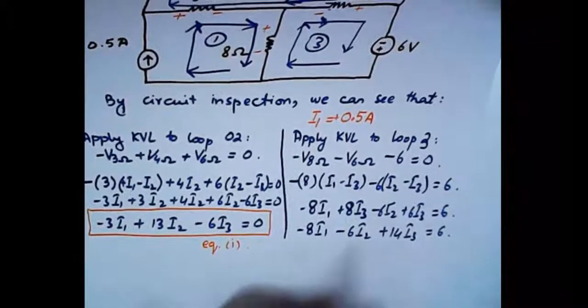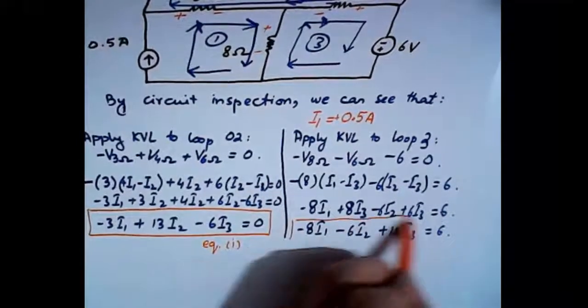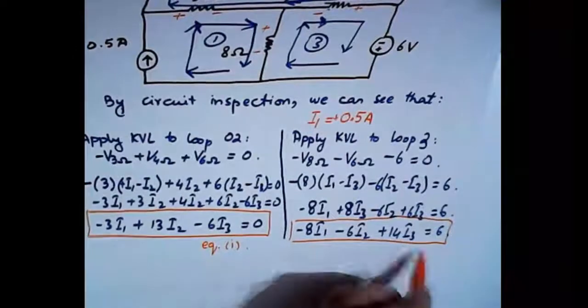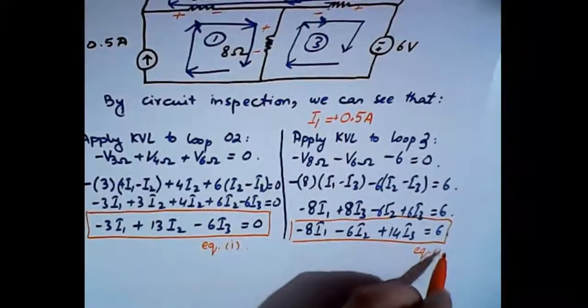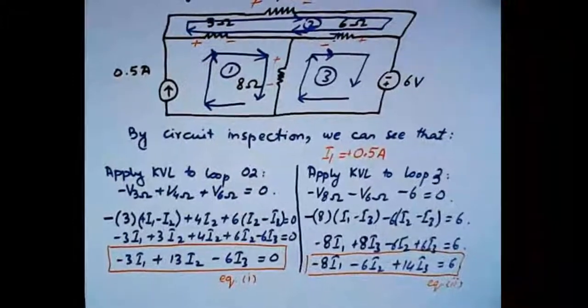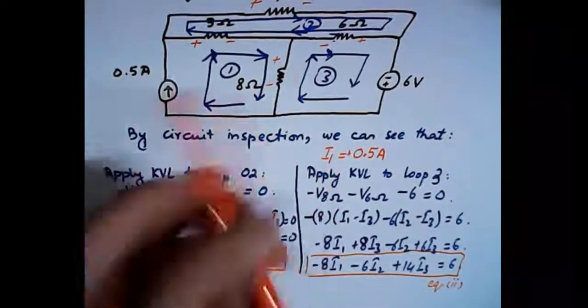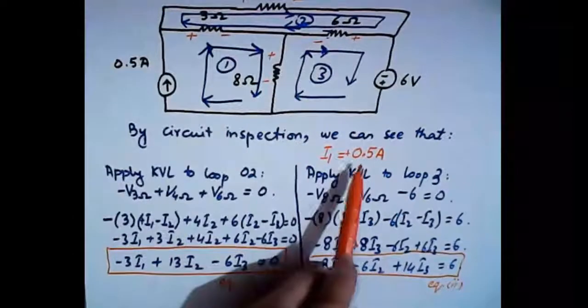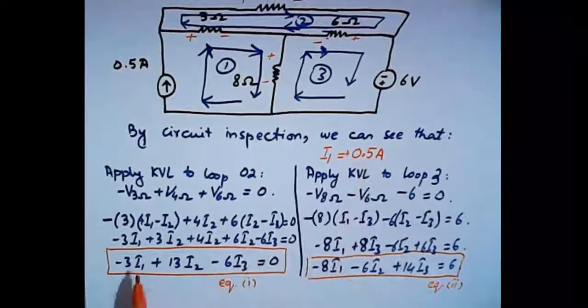So this will form equation number 2, and we don't have the need for a third equation. Why? Because we already know that the value of I1 is 0.5 ampere, so we can substitute its value, right?